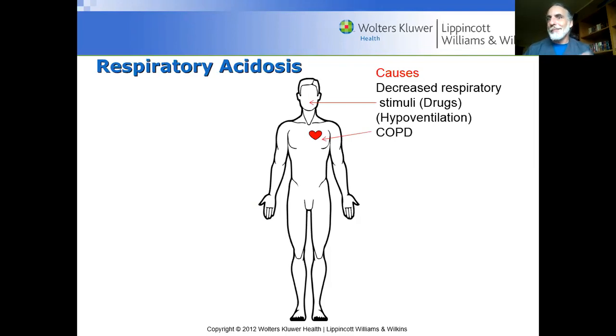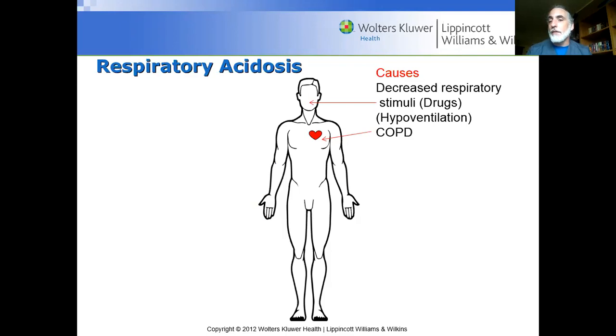COPD, same reason. Obstructive pulmonary disease impairs the gas exchange in the lungs, can increase the acidity, which decreases the pH. Very often, especially in patients with severe COPD, they have adapted.